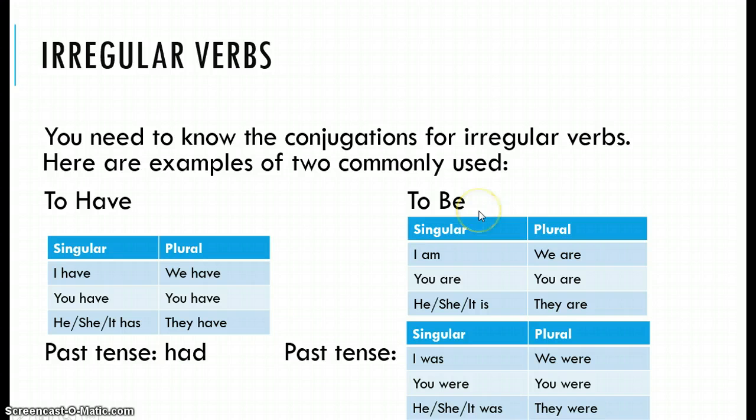Over on to be, we have are is singular and plural, am, which we only use for I, and is, which we only use as singular for he, she, and it. And then over here, it's a little bit similar. Were, and then was and was, which only goes with those two. So if this isn't second nature, as I said, you should stop and write this down.